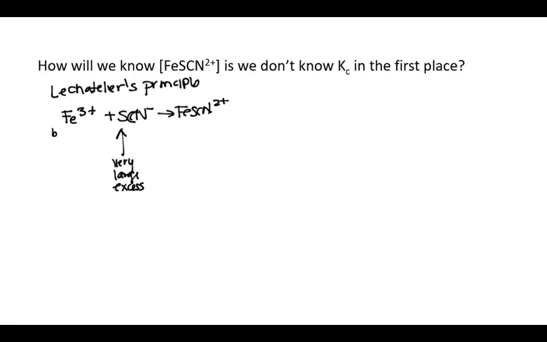We drive this reaction to completion so that iron 3+ becomes the limiting reactant. And then, since there is a 1-to-1 molar ratio between iron 3+ and FeSCN2+, the FeSCN2+ concentration in the mixture equals the concentration of iron that was added.